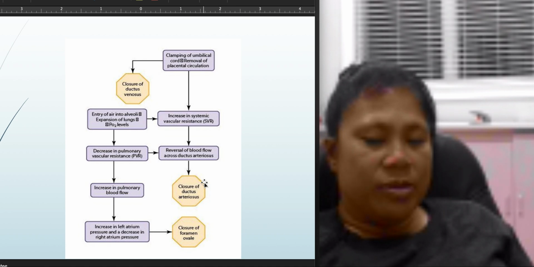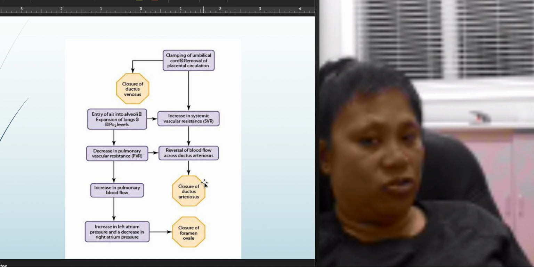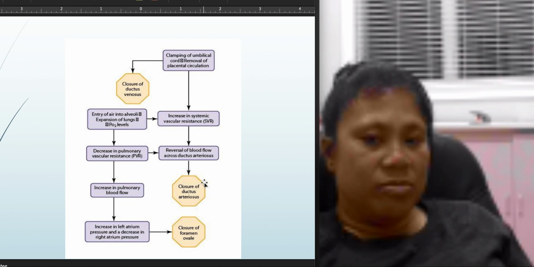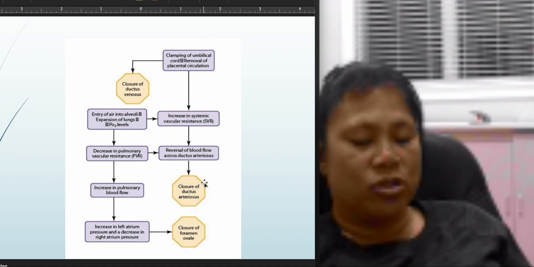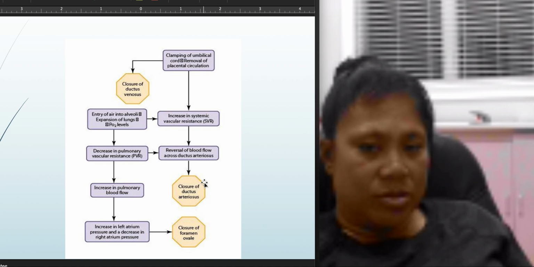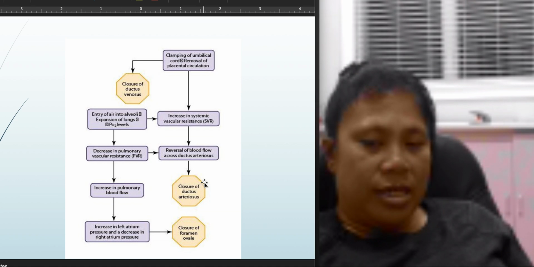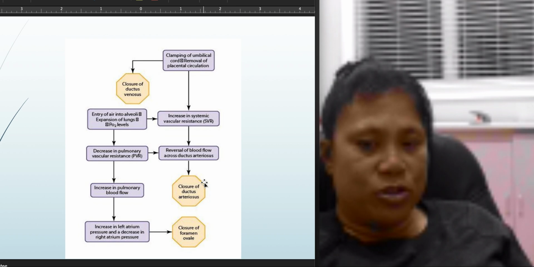However, if they're born with, for example, Down syndrome, sometimes there might be a delay in closing of the ductus arteriosus. Sometimes it doesn't close, and they might have to surgically go in and repair it. Or say they are delivered before 36 weeks, or even more premature, maybe 28 weeks.